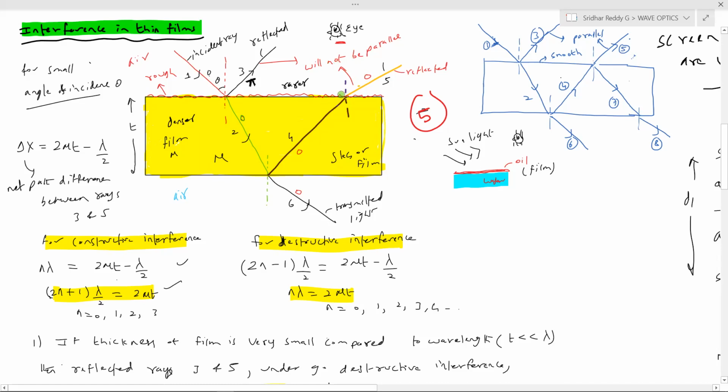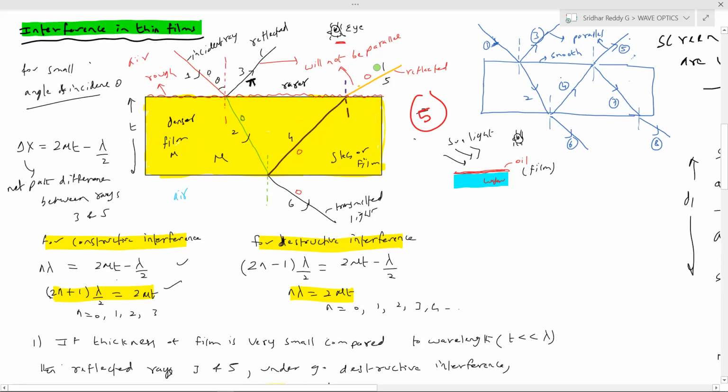So the interference in thin films will not be observed if the surface is smooth. If the surface of a film is smooth, no question of anything. Okay, this is very important. This ideal case, what we're discussing. Practically, the surface, in fact, will be rough. And because of that, 3 and 5 will never be parallel.